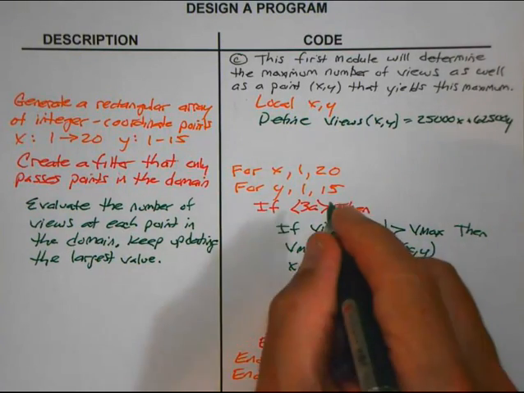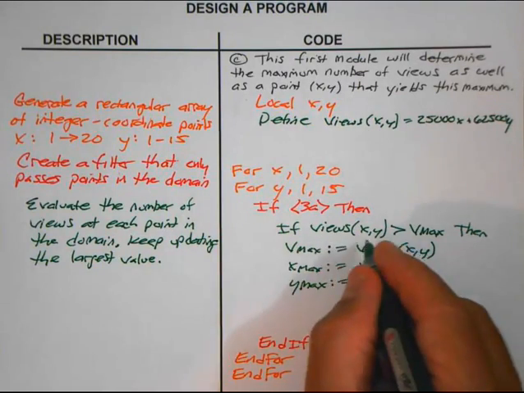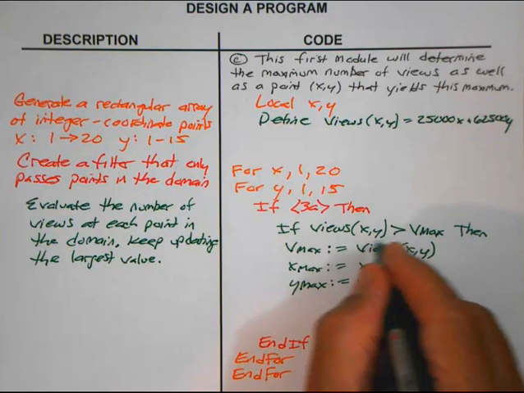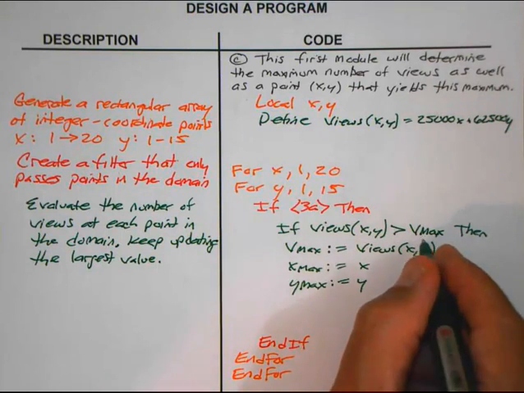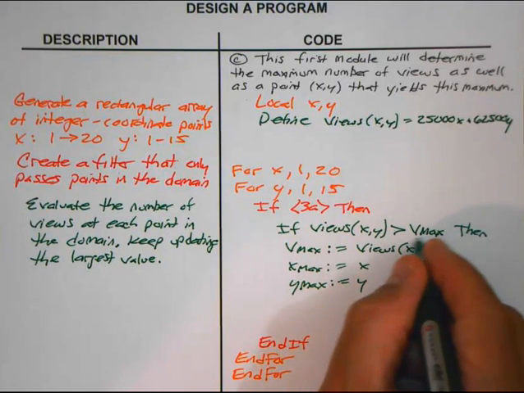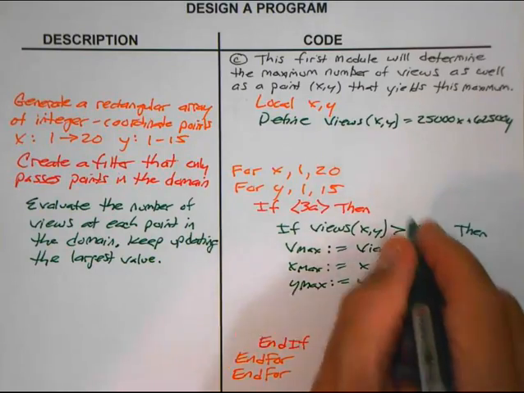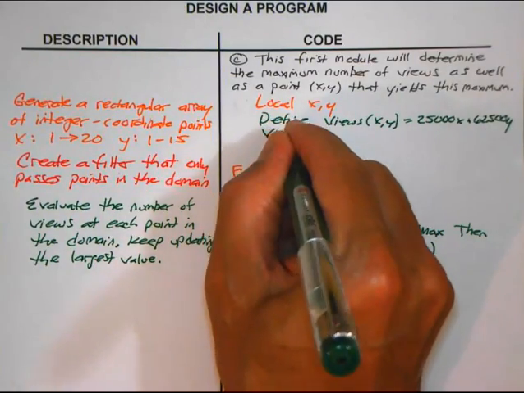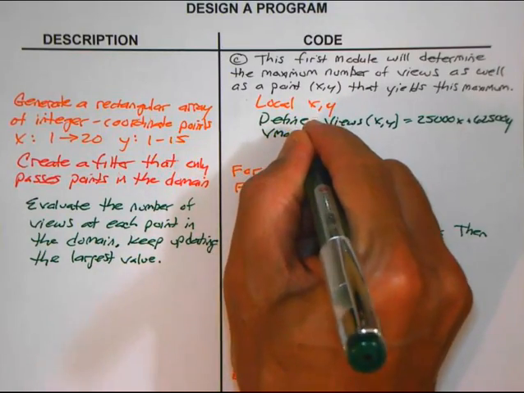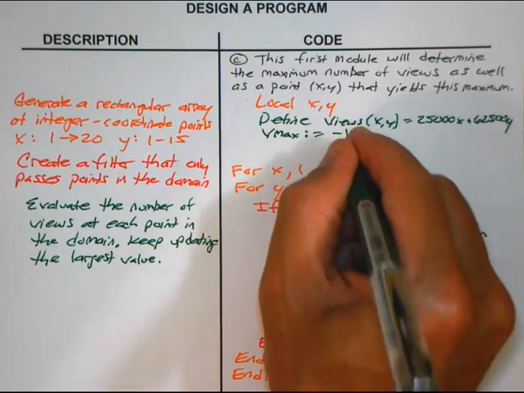Okay, and another little item here. The first time this program comes through and it starts to make this comparison about the number of views at x, y being greater than vmax, it's stymied because it does not have any vmax stored here to begin with. So we need to get that initialized. Alright, so also up here we could have vmax. We can initially assign it to be, I usually think of something nonsensical, -1 to get started.